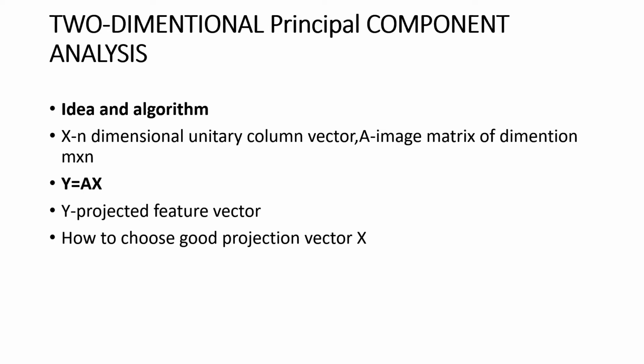Here X is the direction along which all the samples are projected, A is an image, and Y is the feature vector of the image A. Thus we obtain an m-dimensional projected vector Y, which is called the projected feature vector of image A. The main task here is how to choose X. How do we determine a good projection vector X?